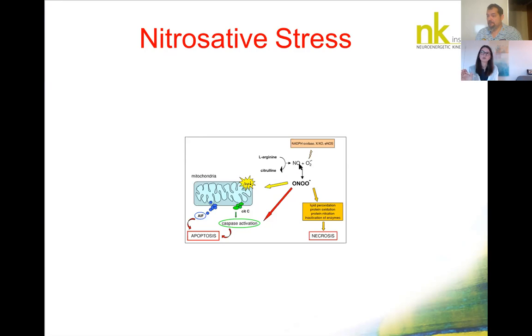And you can see they join here and become this peroxynitrite. So you can oxidize different substances within the cell and also cause damage to the mitochondria.